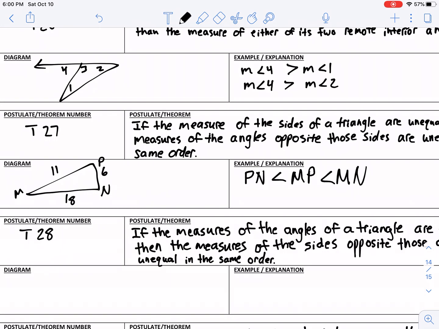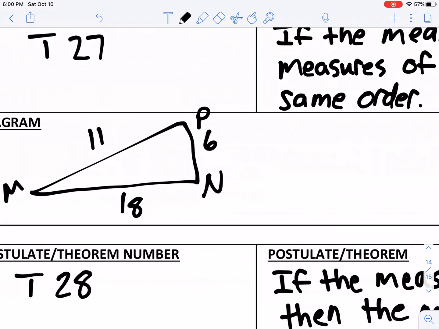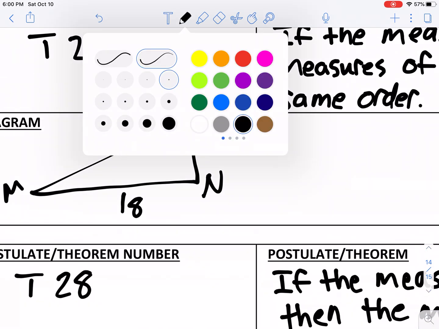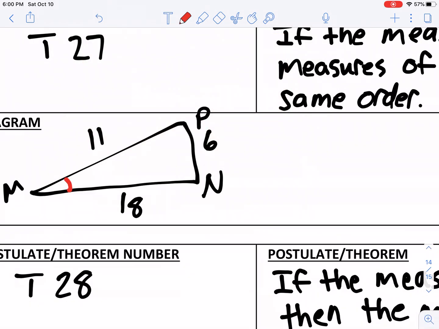So what this theorem says is, it goes from smallest to the next largest to the next largest. Well, the angles will work in the same way, the angles that are opposite those sides. What's the angle that is opposite PN? Angle M, right? Angle M is opposite this side here. It's the angle that is going to be the smallest in the triangle.